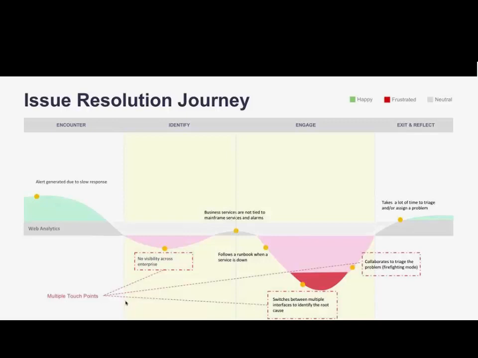We found there is no visibility across the enterprise, meaning we don't have a single view of both mainframe and distributed alerts. Switching between multiple interfaces to identify the root cause takes time, and the collaboration itself is also a pain point. So we focused only on these areas in our last release.